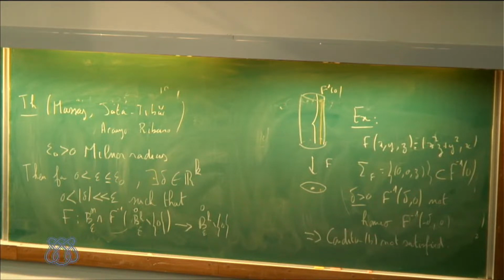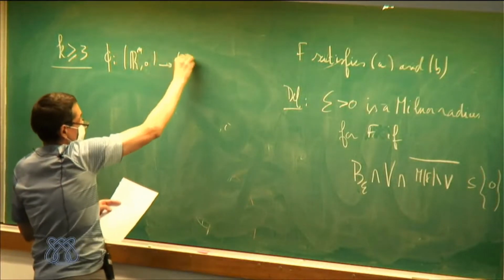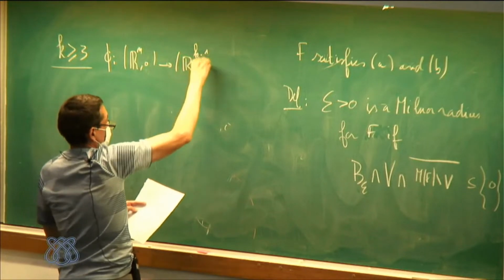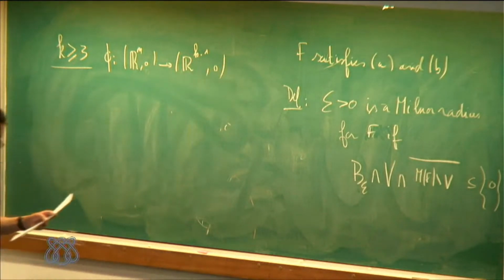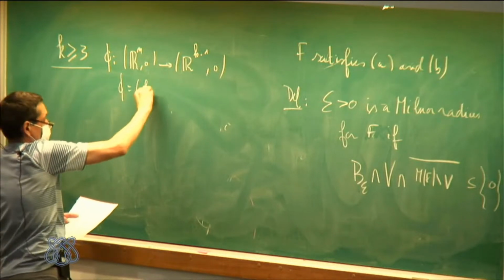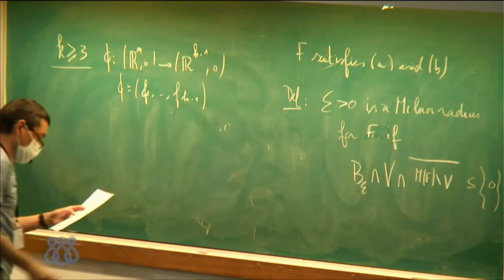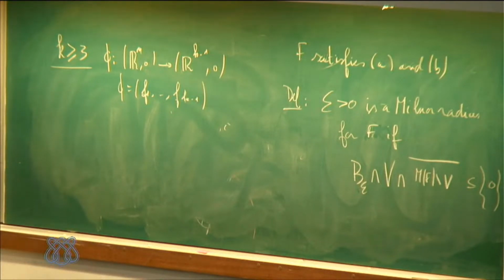So phi goes from Rn to R^(k minus 1), and it is just (f1, ..., f_(k minus 1)). It's not difficult to check that phi satisfies A and B. A, it's easy.